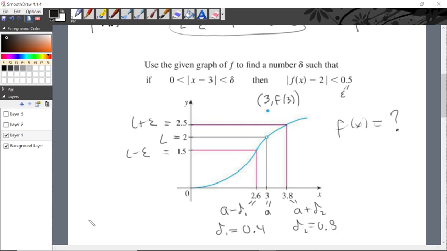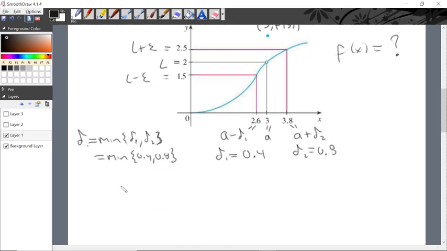What delta should we choose? The delta that we choose should be the minimum of our delta 1 and delta 2. That is the minimum of 0.4 and 0.8. Okay? And the minimum there would be 0.4. Okay?